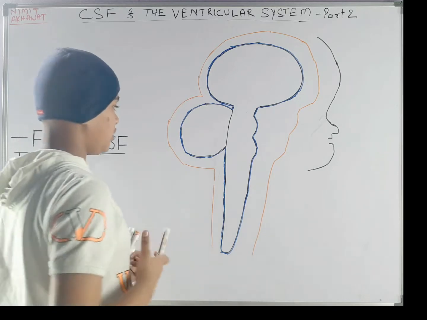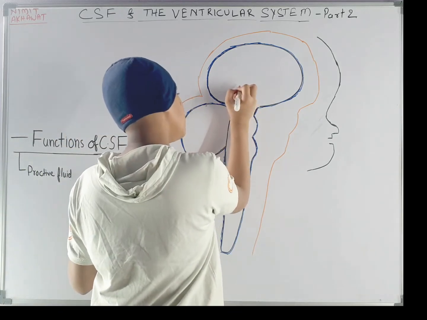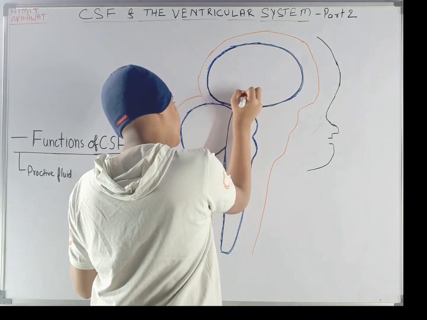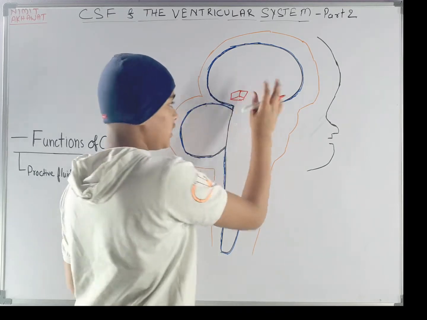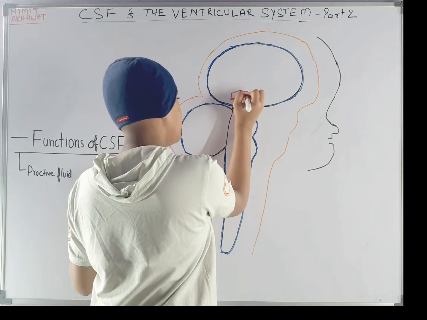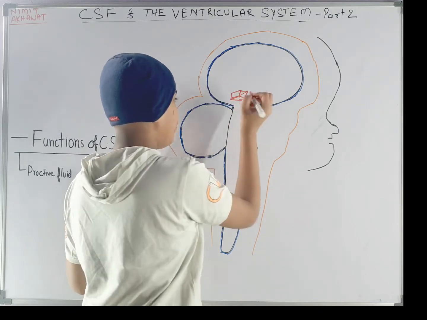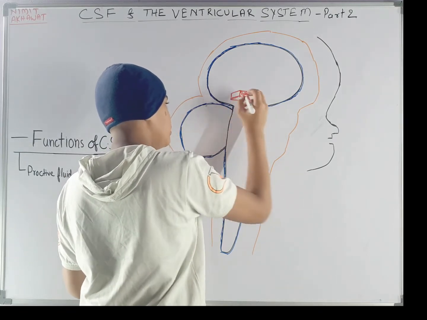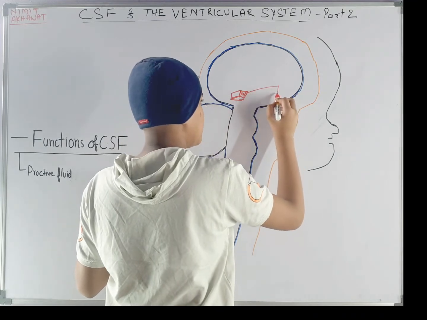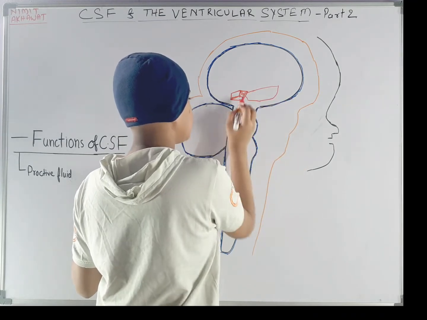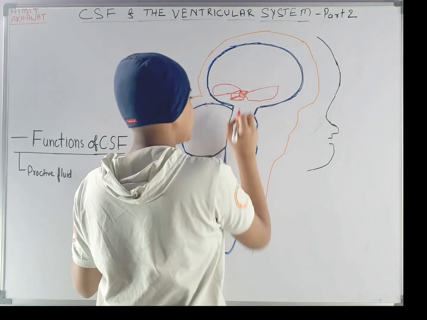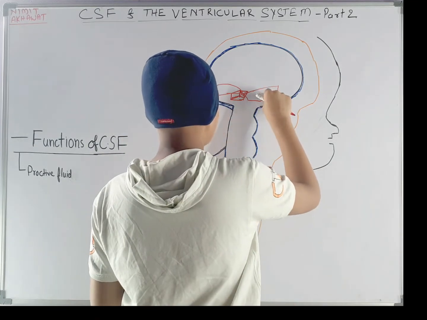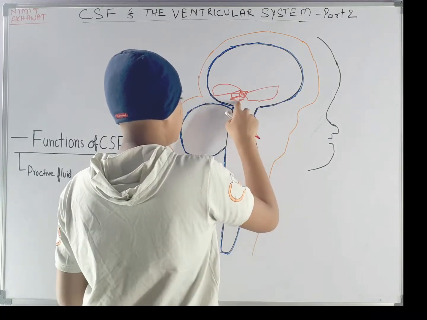The ventricular system here: this is the third ventricle present in the diencephalon, and the foramen of Monro connecting to our lateral ventricles, which allows the CSF to move from the lateral ventricles into the third ventricle.